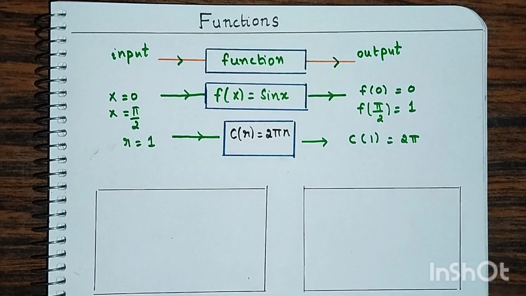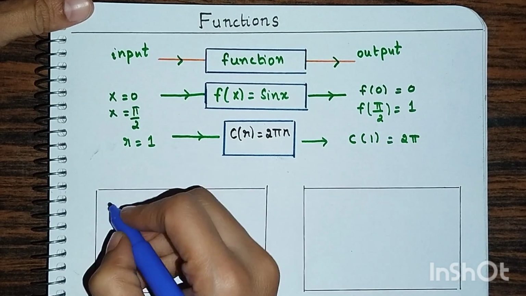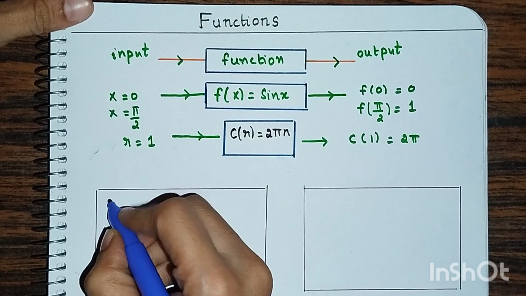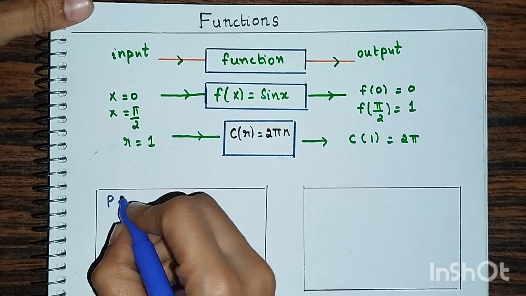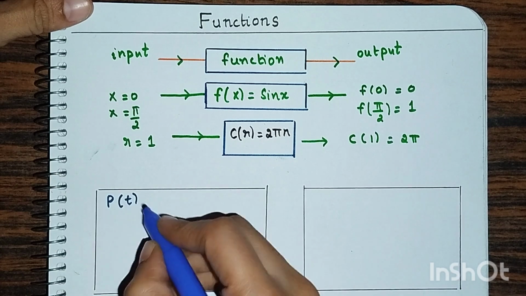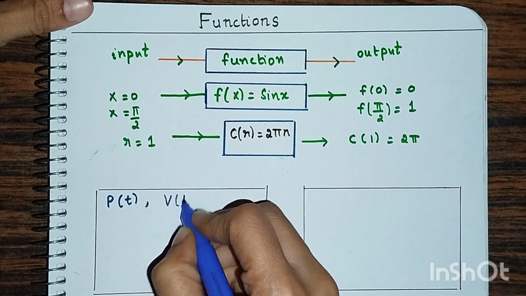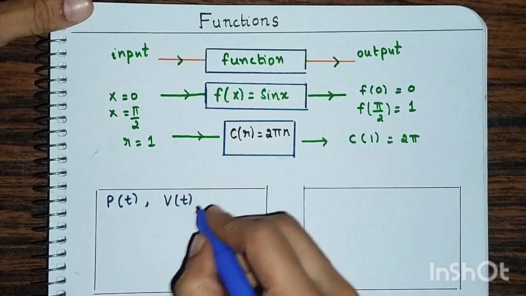Now what are the other functions that we have seen in physics? We have come across functions like pressure as a function of temperature. So input is the temperature and pressure at that temperature will be the output. Then volume as a function of time, right?